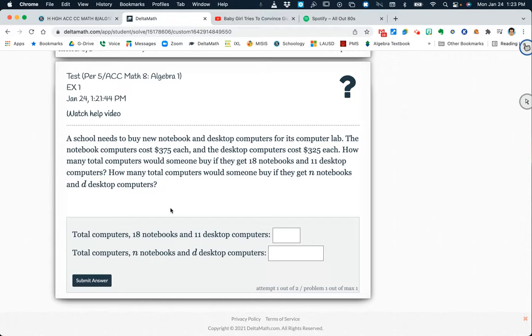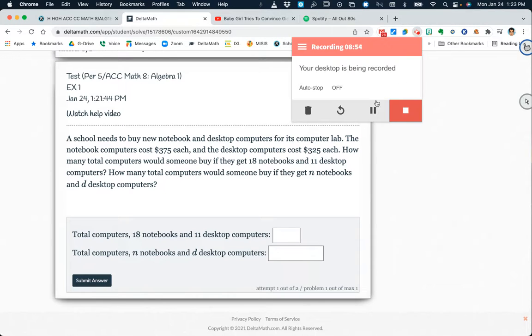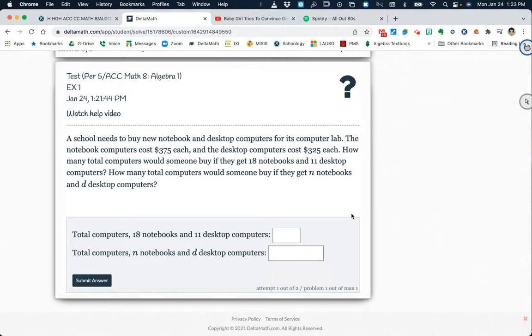And how many total computers would someone buy if they get N notebooks and D desktops?